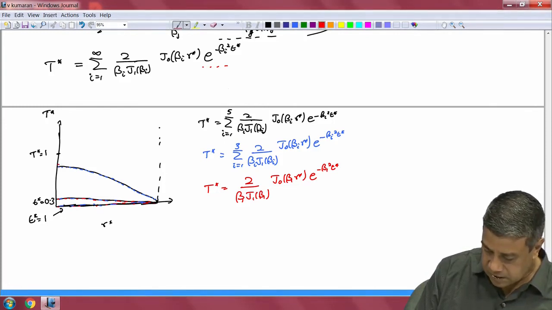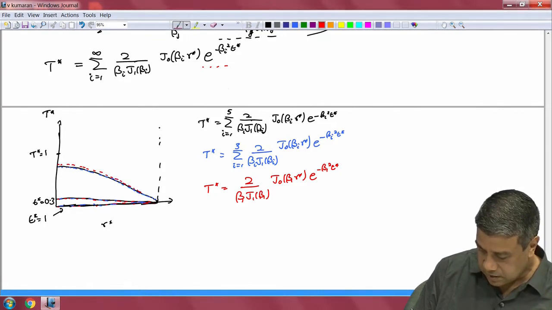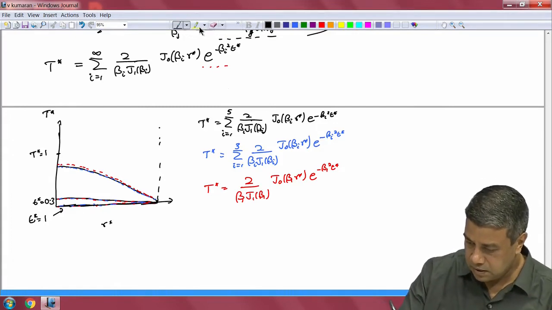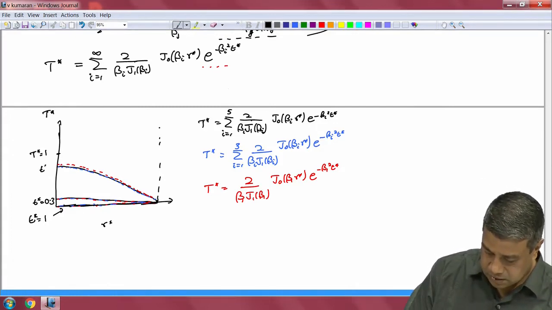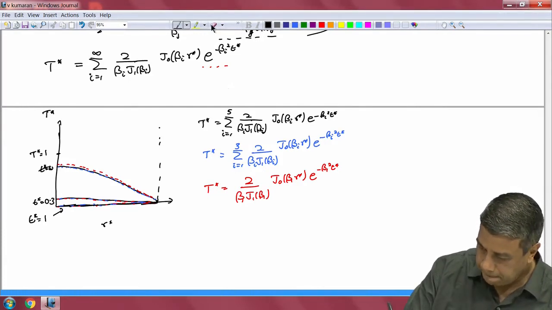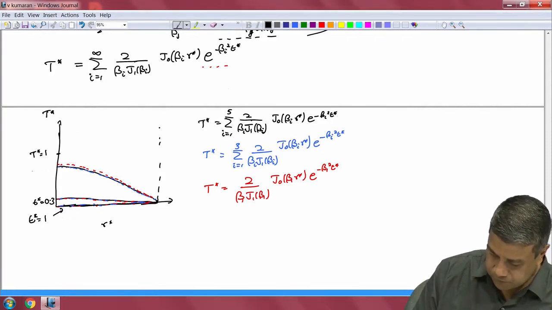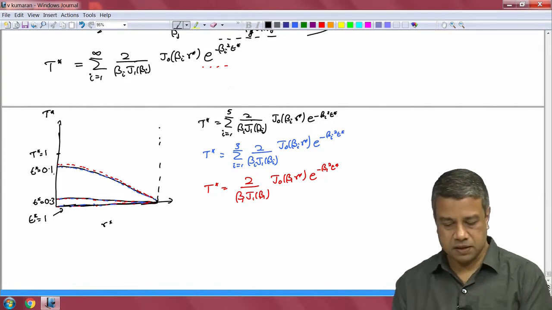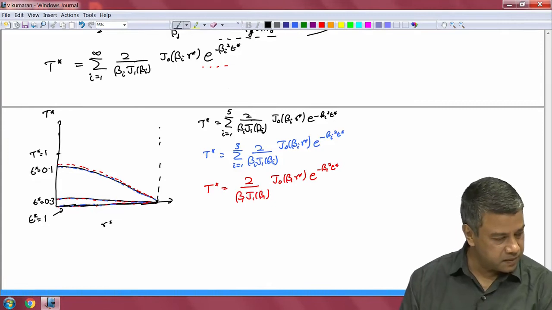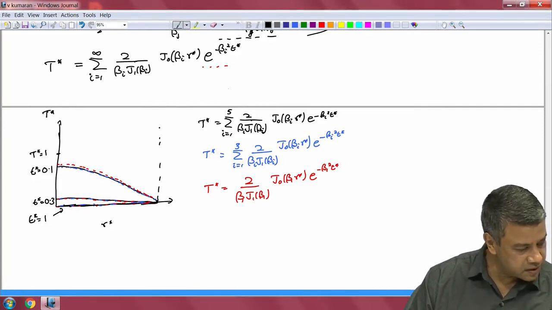The 1 term series has some difference. At T star equal to 0.1, the 1 term series has some difference, but the 3 term and the 5 term series are almost identical.